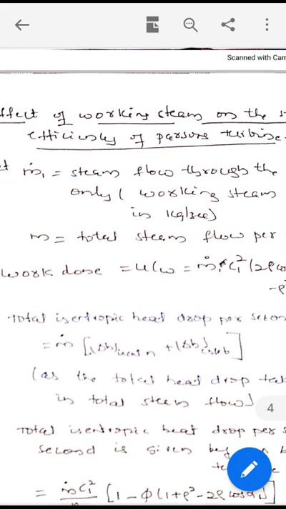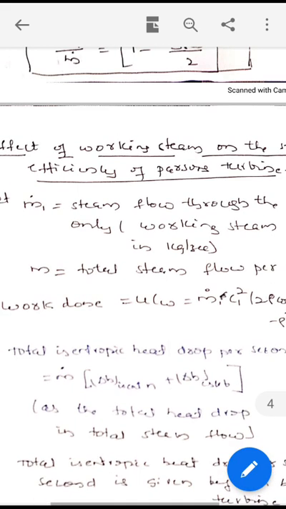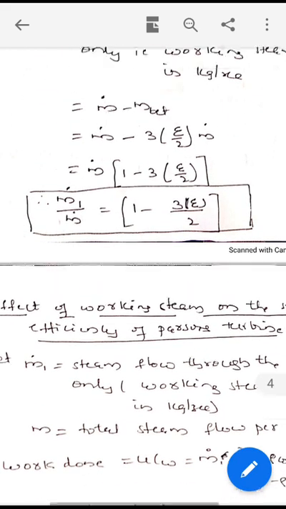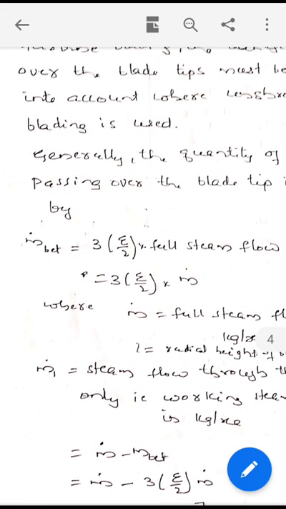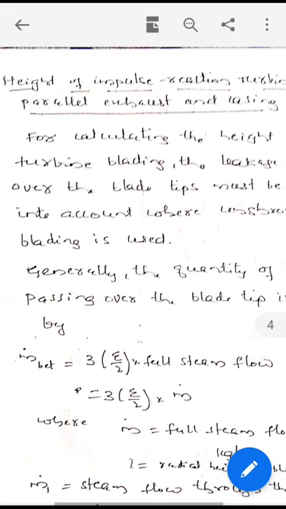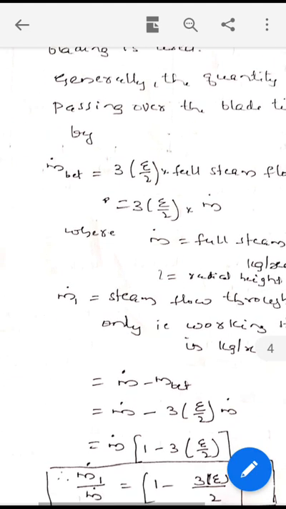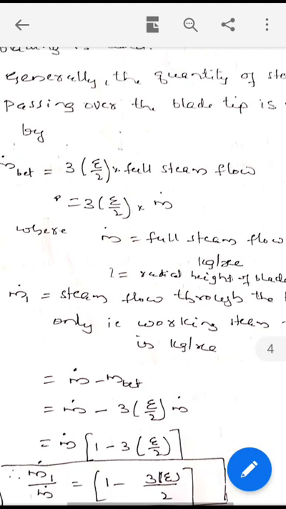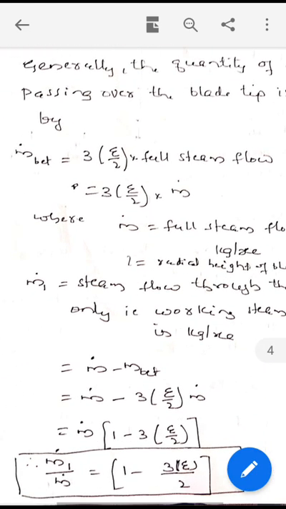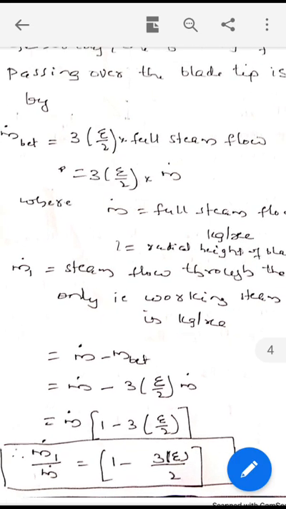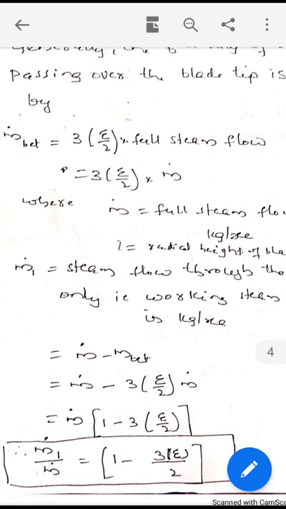The quantity of steam leaking over the blade tip is given by M leakage = 3 epsilon / L times the full steam flow, that is, 3 epsilon / L into M dot, where L is the radial height of the blades.